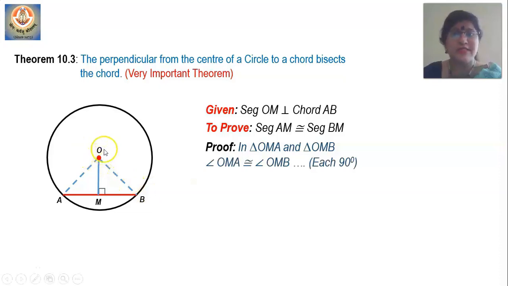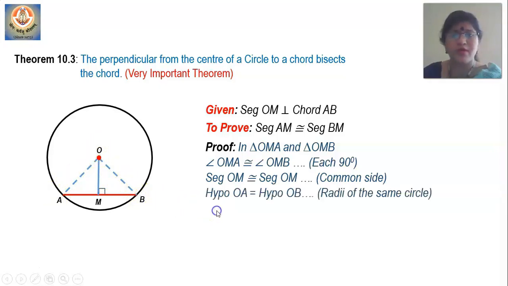Let's start with what is given. Angle OMA is congruent to angle OMB. We know that because it is given that OM is perpendicular to the chord AB. Next step. OM is congruent to OM. It's a common side. OM segment is shared by both the triangles. And then what about OA and OB?